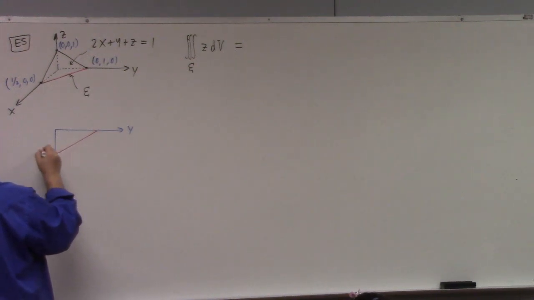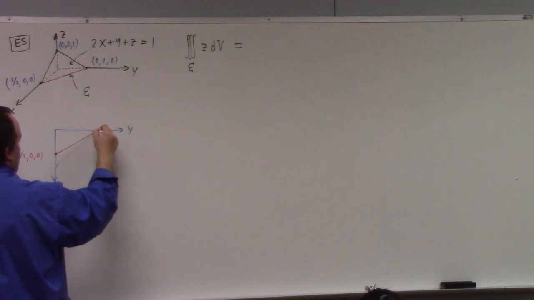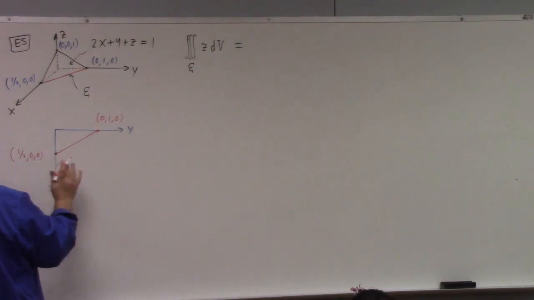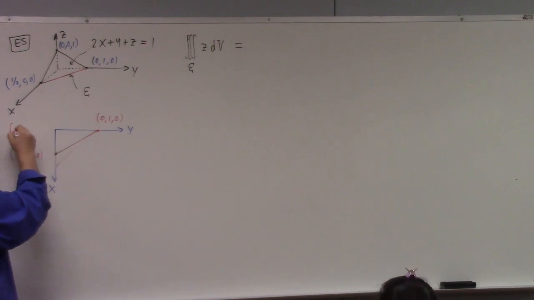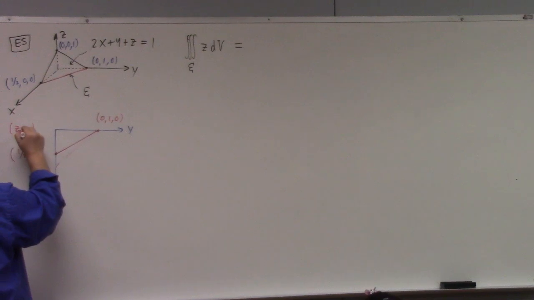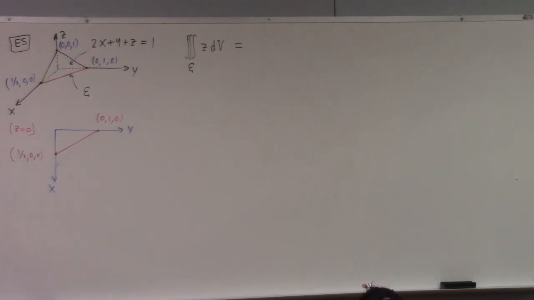This point is literally the point 1/2, 0, 0. This point is 0, 1, 0. This is all in the z equals 0 plane. I'm drawing the xy plane here just on its lonesome. Notice that the whole shape is above this triangle, right?